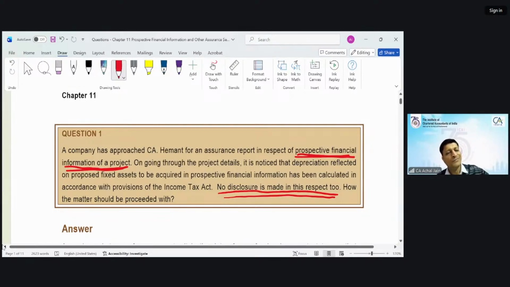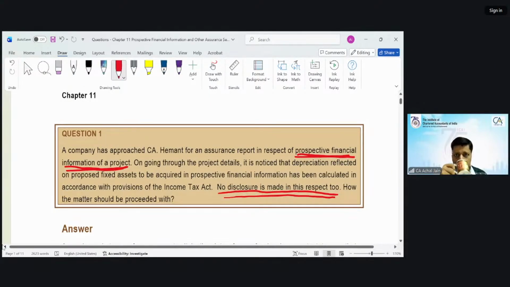The accounting policy followed by the company is not in order, and he has to recalculate according to the Companies Act depreciation schedule and ask the management to update it. Otherwise, he can think about, for the reporting aspect, a modified opinion as per SA 505, 705, which talks about adverse opinion or qualified opinion as the case may be. Or if not suitable, definitely the practitioner can try to withdraw from the engagement.